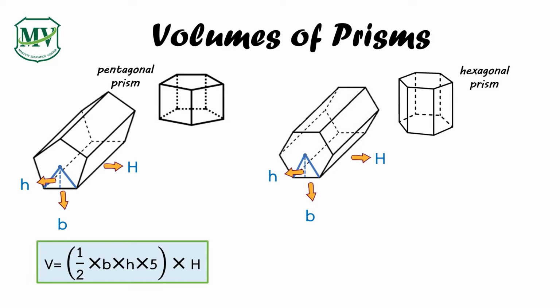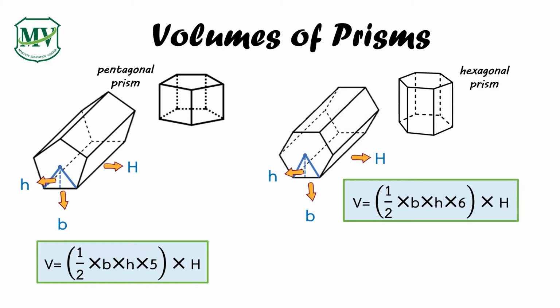We could form here 6 small triangles since a hexagonal prism has 6 sides. We could use it in the formula to find the volume, which is V is equal to the quantity of 1 over 2 times small letter b times small letter h times 6 times big letter H.